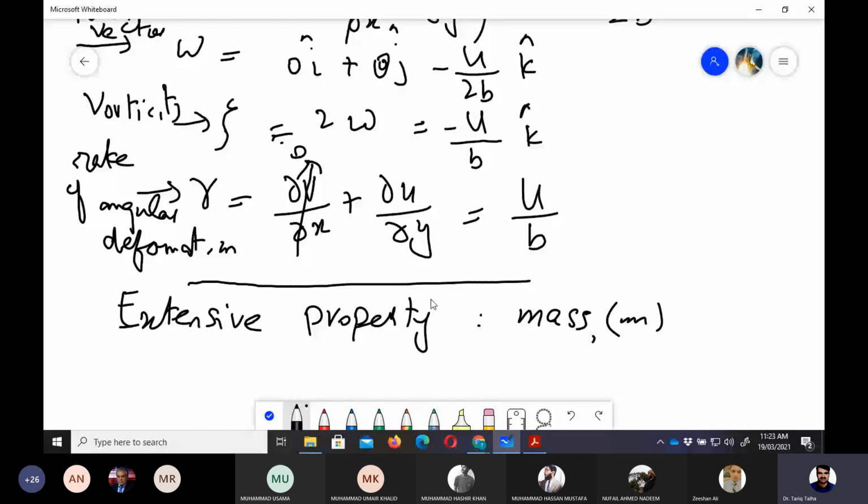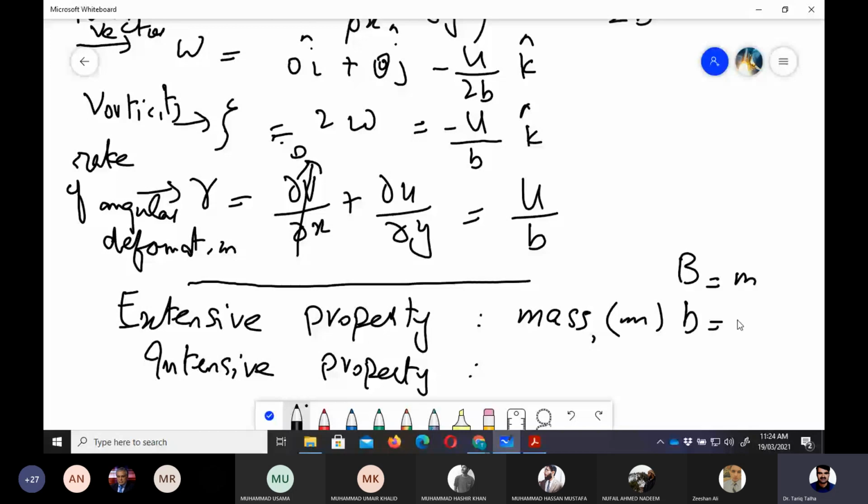What would be the intensive property in this case for mass? If capital B is mass, then small b, which is the intensive property, would be B divided by mass, that would be equal to 1. So for mass, the intensive property would be 1, because the intensive property is independent of mass, so we divide by mass and it becomes 1.